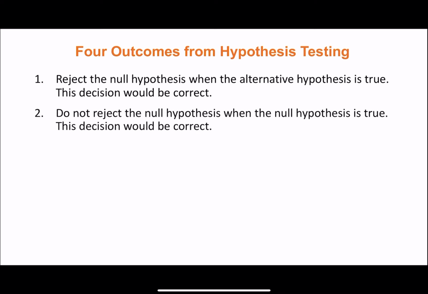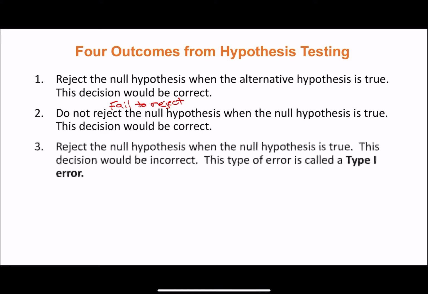Basically, when you're doing your testing, if you cannot prove your alternative hypothesis, we fail to reject the null hypothesis because we didn't prove the alternative hypothesis true. We didn't necessarily prove the null hypothesis, we just can't reject it.